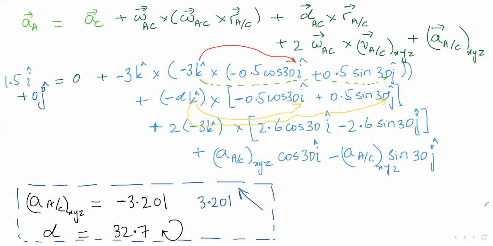Because you are saying that the whole object is rotating about this point, so all this point is going through is alpha r. So there is no tangential acceleration here. So this point of contact does not have a tangential acceleration in the no slip condition.